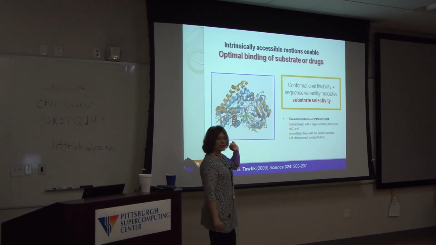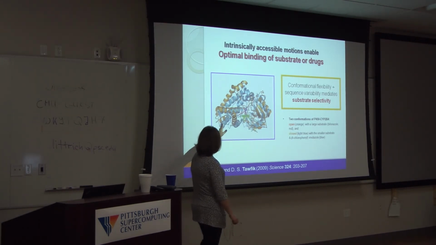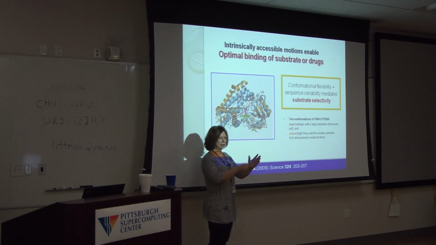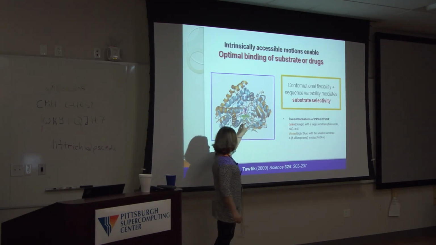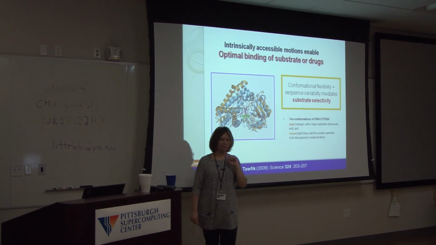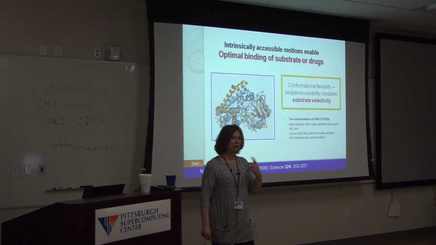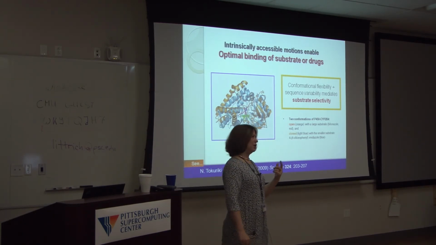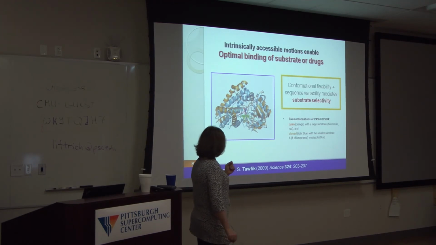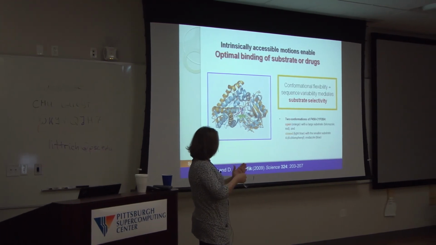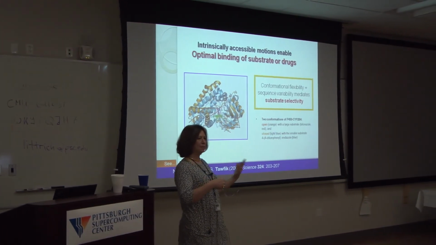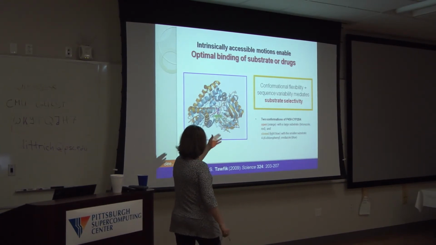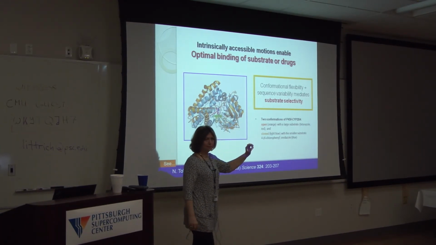that of substrate selectivity. Yesterday I mentioned how a given protein may change shape depending on the different bound ligand. But this type of conformational flexibility is also accompanied by some sequence variability, okay?